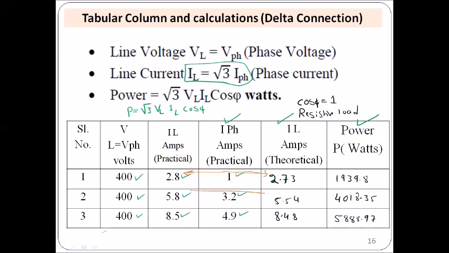See here, this value, there could be some difference due to the ideal situation and the practical situation, but we can see that again these values are matching. And since these values are matching, and the values I have calculated here are by using the formula IL is equal to root 3 I phase, it means that for delta connection, this relationship holds good, that is IL is equal to root 3 I phase.